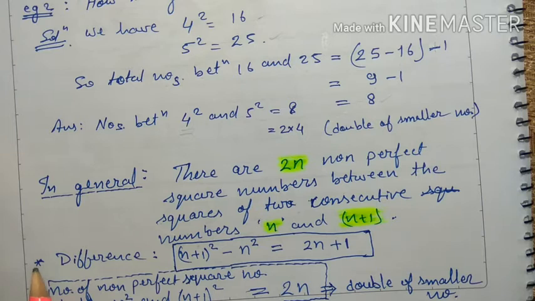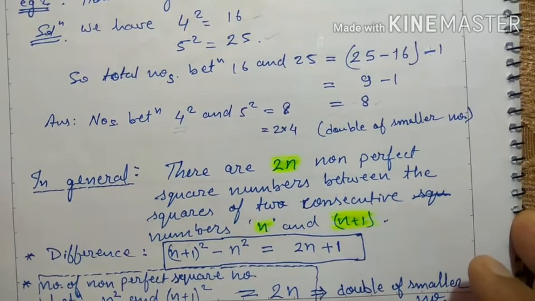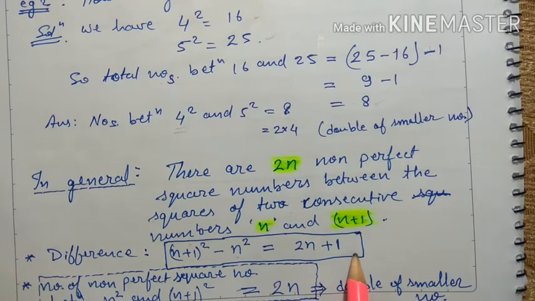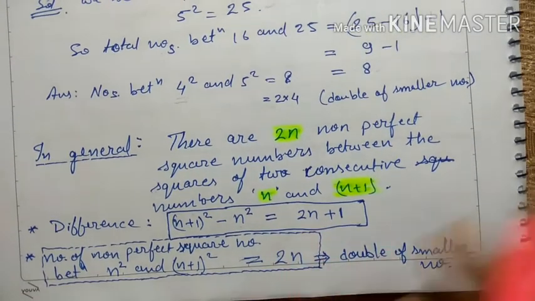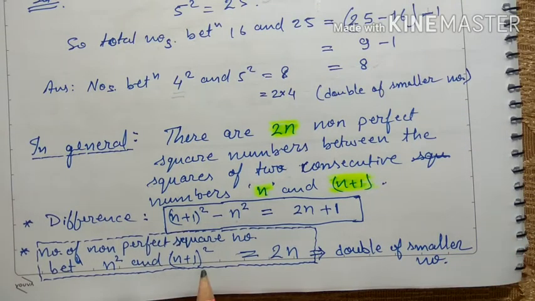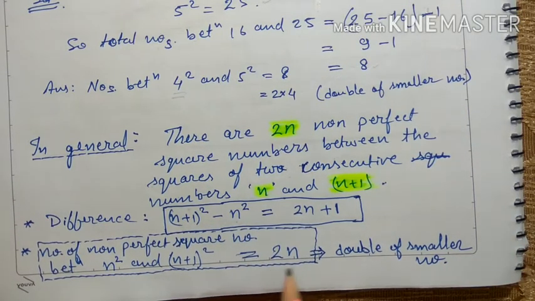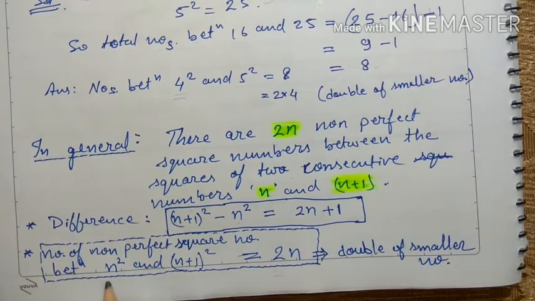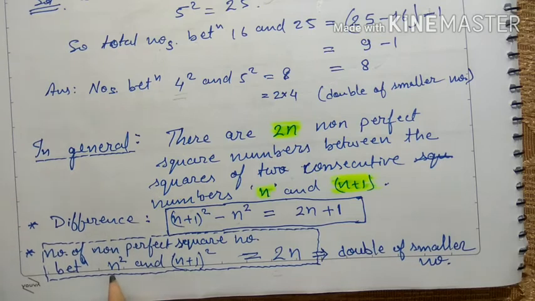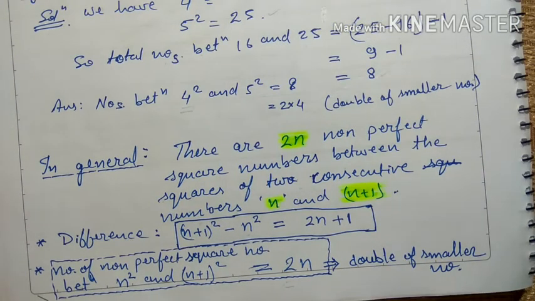That means the difference between (n plus 1) square and n square is 2n plus 1. And the number of non-perfect squares between n square and (n plus 1) square is 2n, which is double of the smaller number. The smaller number is n, so double of n. Now try to understand this property with some more examples.